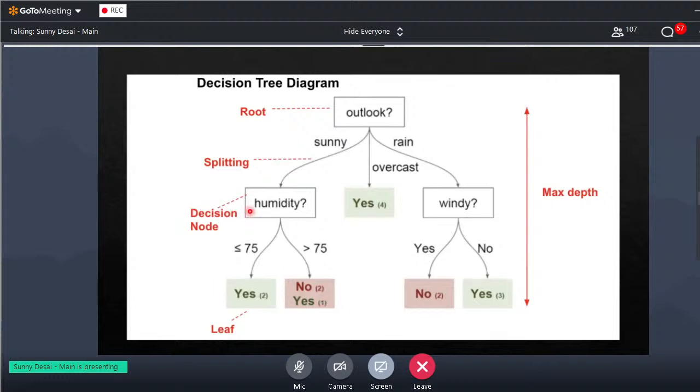Right now, what you can look at on your screen is only one split. It started with the root, it developed one branch, and from this first branch it finally came to a leaf node where you got the decision whether your friend is going to come and play tennis with you or not. So here we only have two splits, but there can be hundreds of splits. The decision tree model you're seeing on the screen is a very simple model.